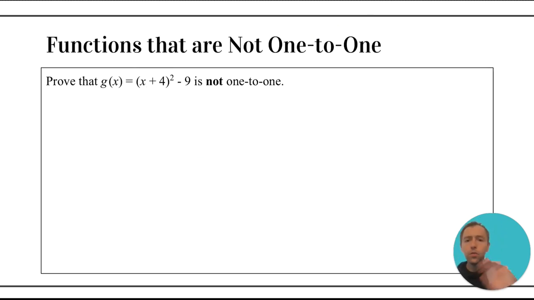Okay? So here, we want to do an opposite thing in terms of proving that g of x equals the quantity x plus 4 squared, minus 9, is not one-to-one.